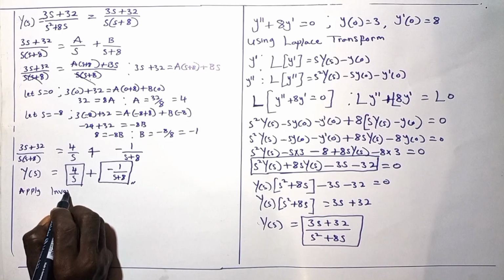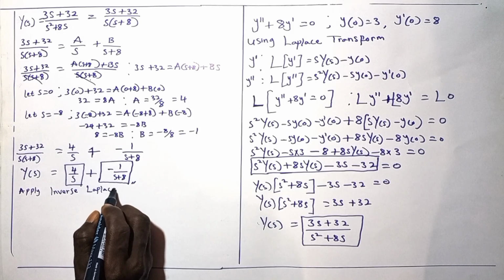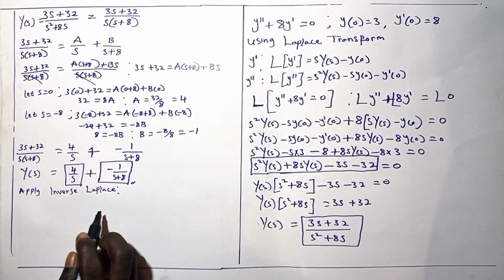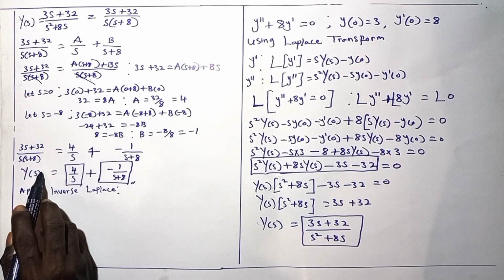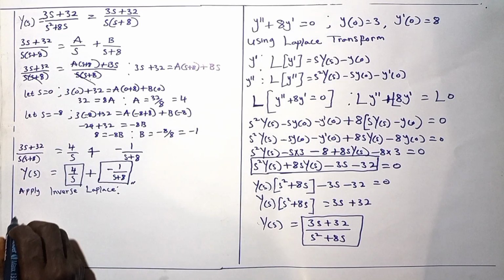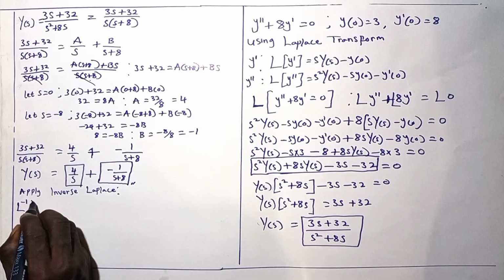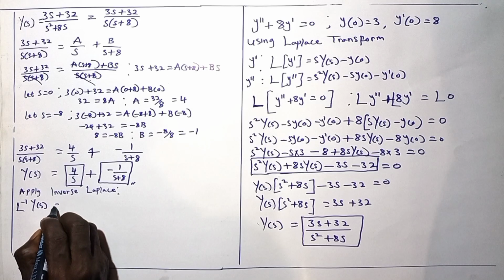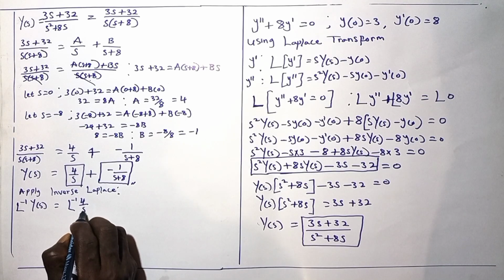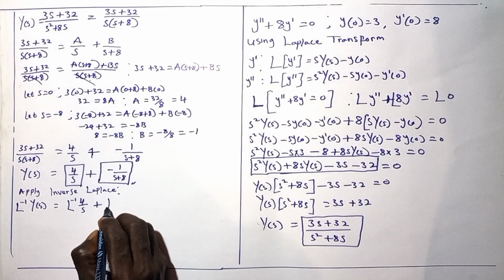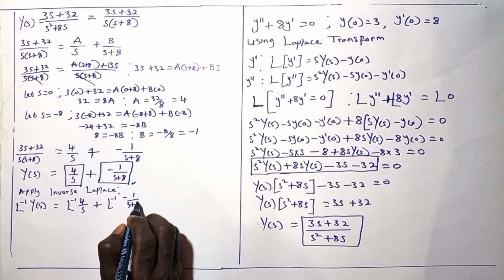When we take the inverse Laplace of y of s, we are going to end up with, let's write it first, inverse Laplace of y of s, then inverse Laplace of 4 over s plus inverse Laplace of minus 1 over s plus 8.